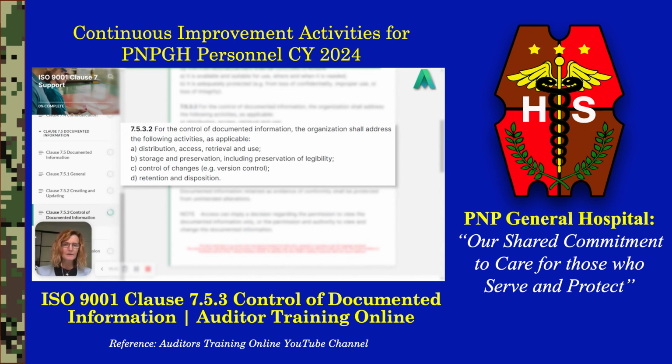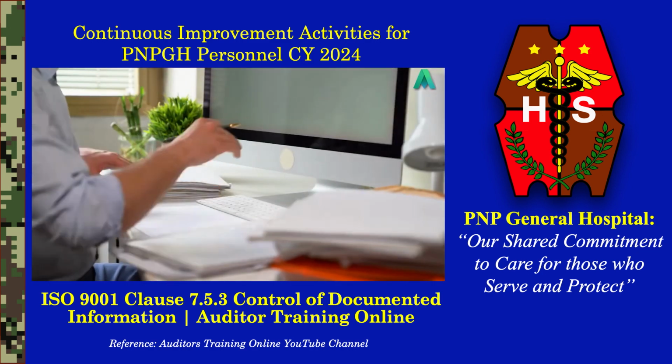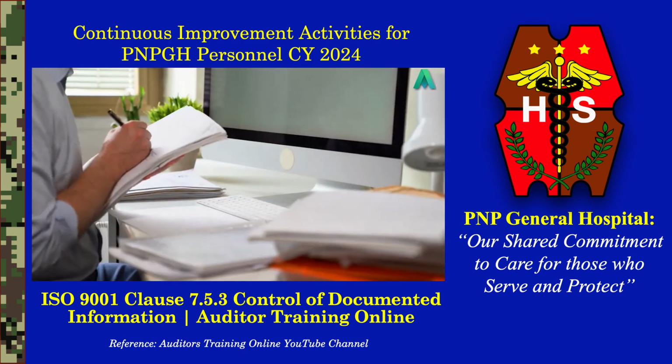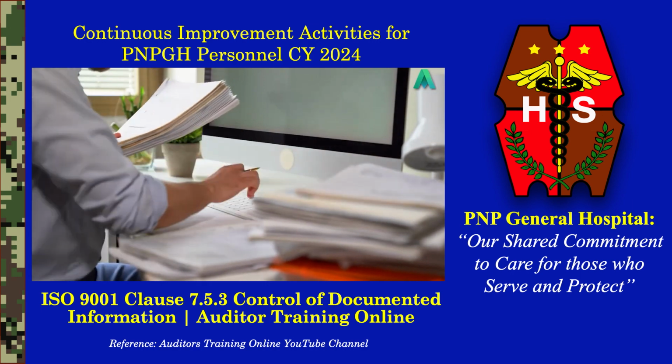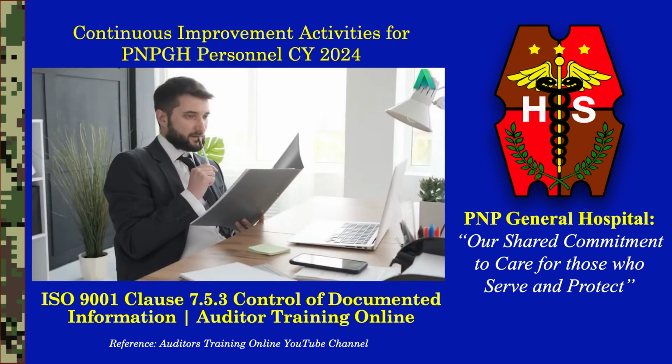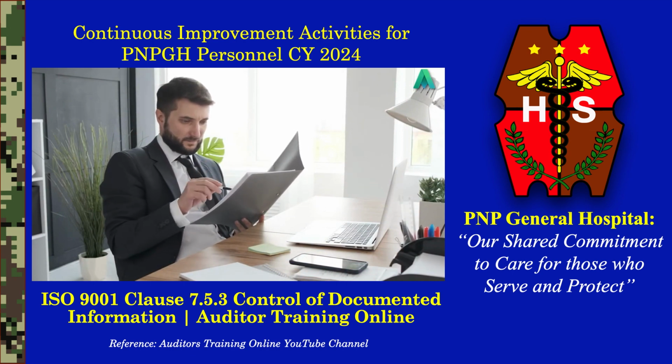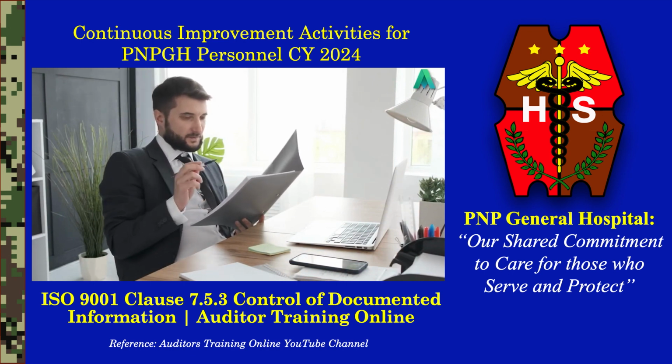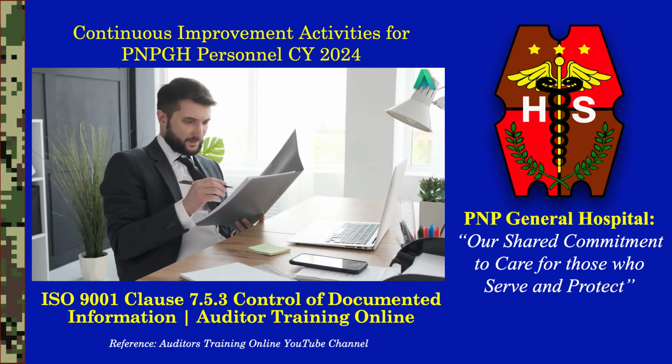So just always remember that. A says distribution, access, retrieval, and use. To control our documented information, we need to ensure that we address distribution. So how are we distributing the documentation? Is it controlled, or are we just putting it out there and anyone can access it?